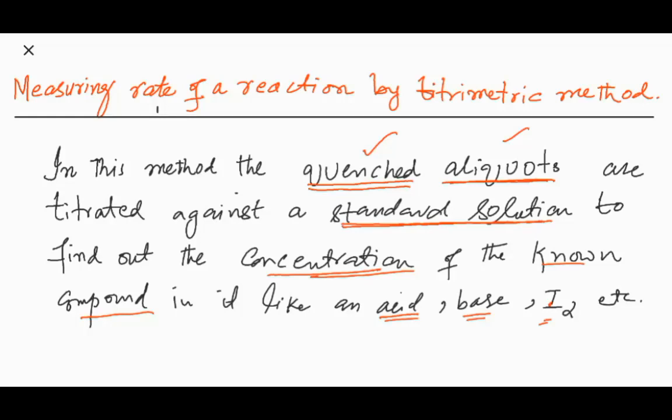Basically, in this method, a quenched aliquot is titrated against a standard solution to find out the concentration of a known compound like an acid or a base or iodine, etc.